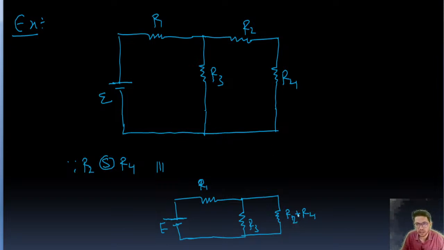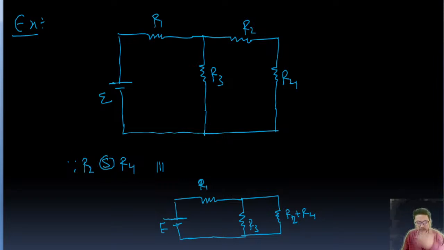Now you can see, let's say this is R dash. R2 plus R4 is parallel to R3.